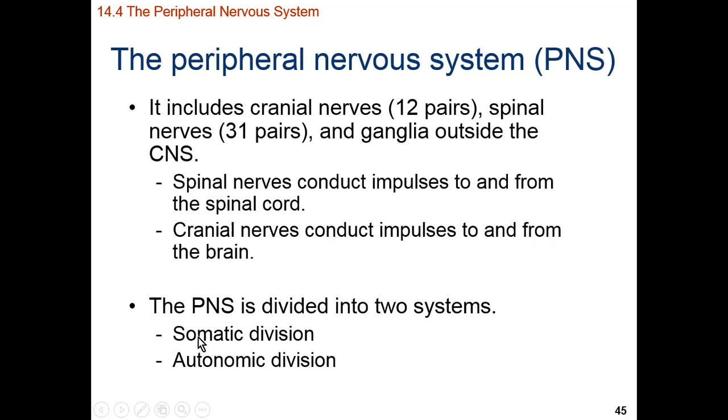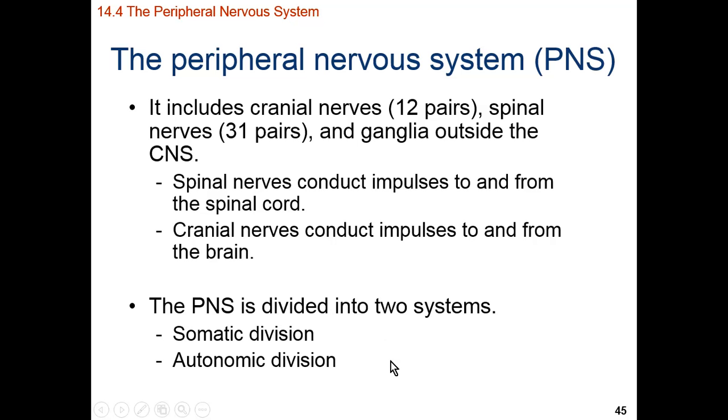The somatic division is going to carry information away from the central nervous system, so this is going to also be known as the motor division. The voluntary motor division, and then we also have the autonomic branch of the motor division, and this is going to involve involuntary responses.